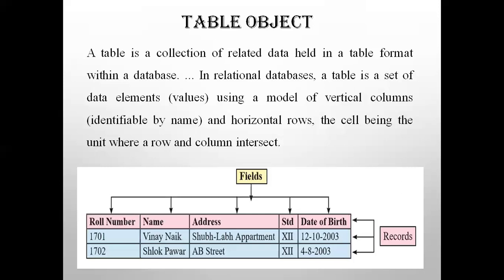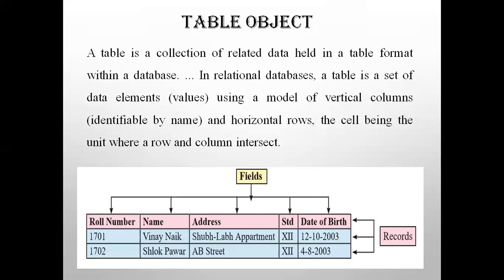Each entity has a collection of attributes associated with it. Attribute defines the characteristics or the properties of an entity. So entity is any person, place, object about which the data should be captured and stored, and attribute defines the characteristics or the properties of an entity.